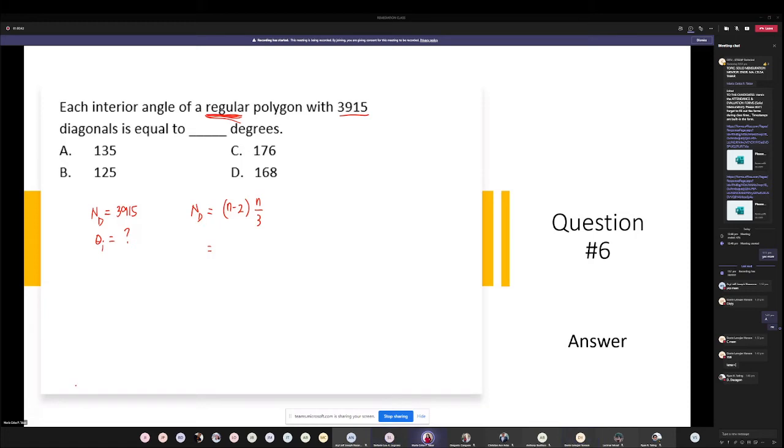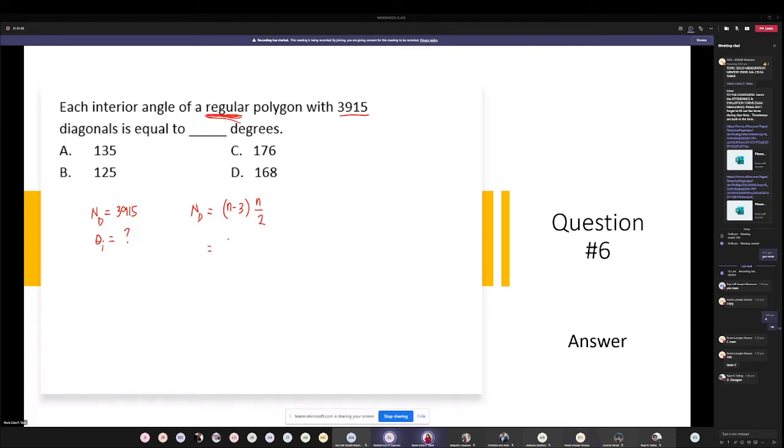It should be n minus 3 times n over 2. Not n minus 2 times n over 3. So n minus 3 times n over 2.